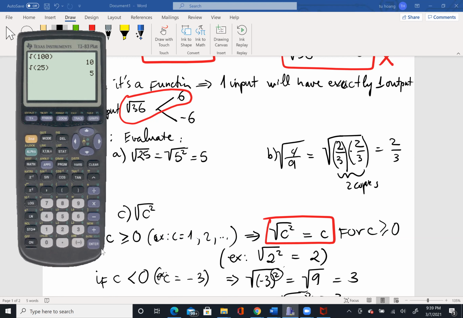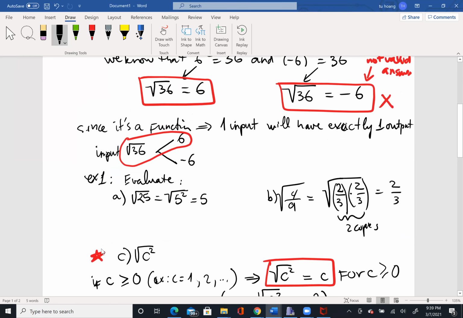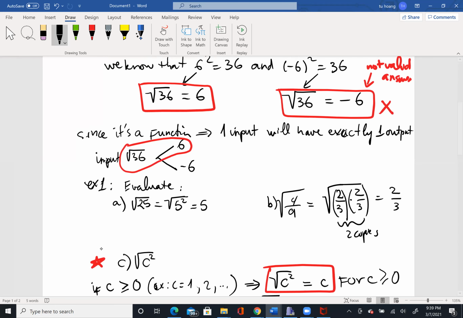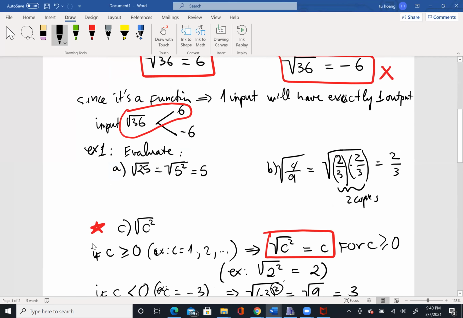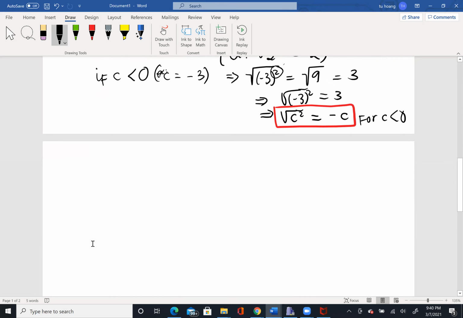You're not going to have negative 5. That's the reason why I always state that you cannot say the square root of 36 is equal to negative 6. Let's try the square root of 36 to make sure the calculator is telling you the truth. So look, it's going to give you 6. It will not give you negative 6. That is the reason why I keep saying that a square root will never give you a negative number. Okay.